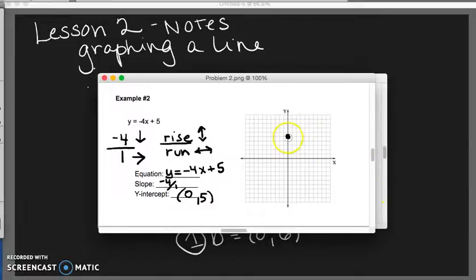So we're going to go down 4, 1, 2, 3, 4. Oops, I forgot to run. And now we need to run one spot. So it actually would be right here.